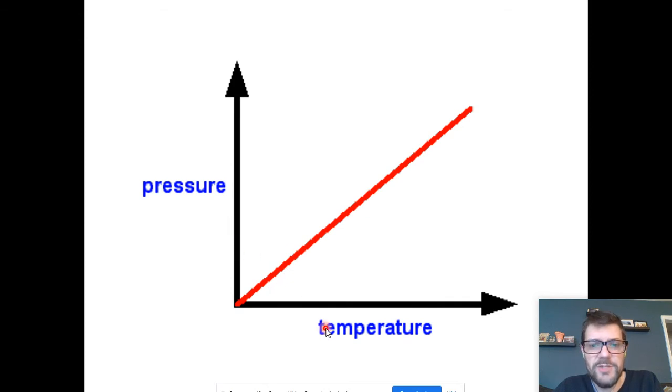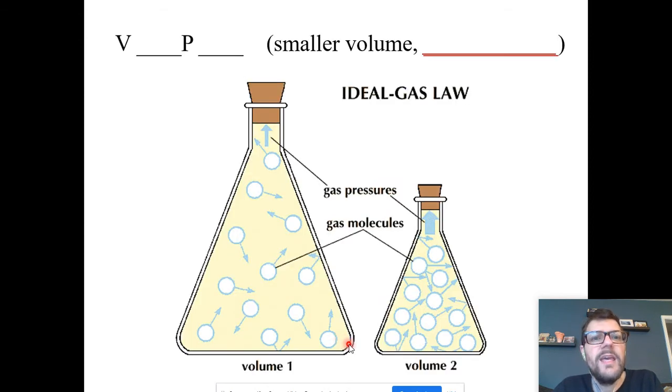Here's that relationship, pressure and volume. Here we have volume and pressure. This is the only one that is inverse. So if the volume goes down, then the pressure goes up. And so if you have a smaller volume, you've got more collisions.